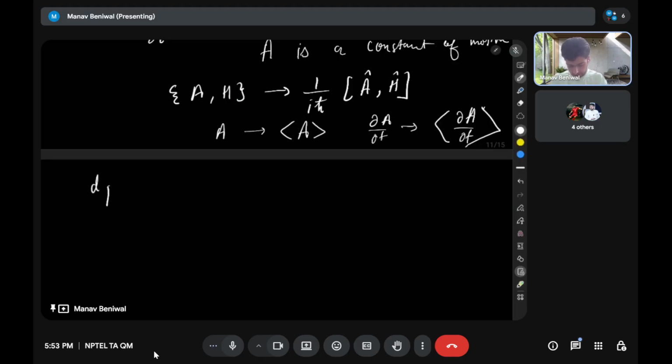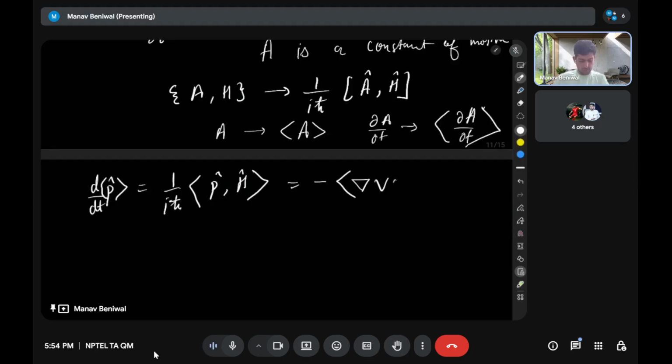We get dp dt equals 1 upon iota h cut times the commutator of p and H. Now if we write H as p squared by 2m plus some potential V, p will commute with p squared, so that term will vanish, and essentially we'll be left with minus del V of x, and we know that this is like force.